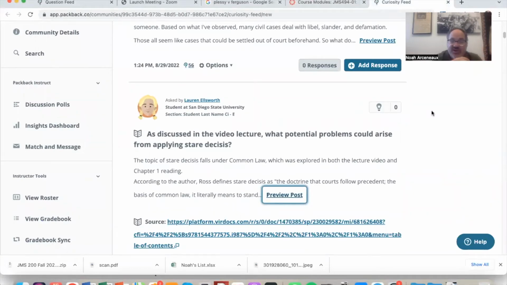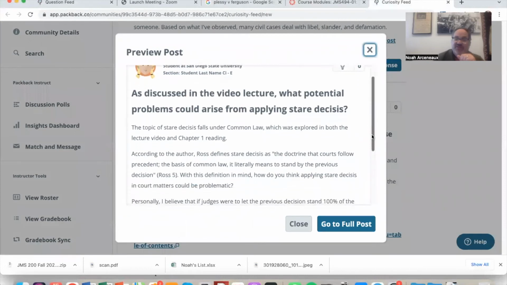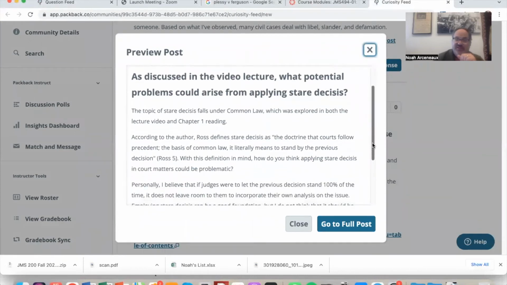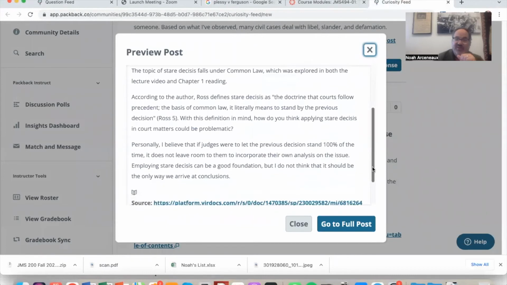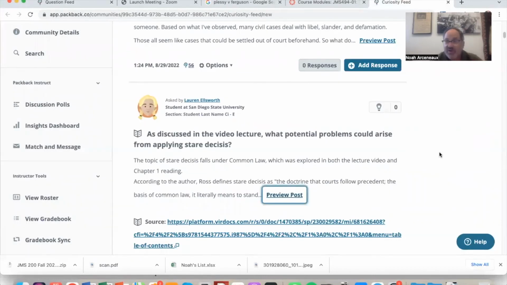The topic of stare decisis, which means previous decision or old decision. According to the author, it's the doctrine that courts follow precedent. And should that be a thing? Should courts go by what the previous decision was?